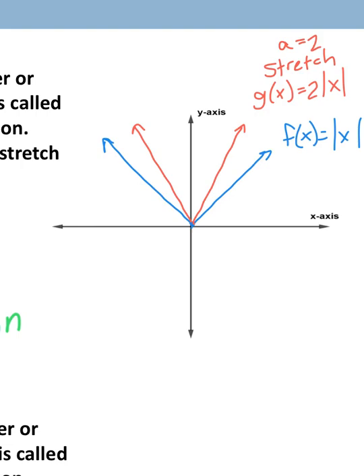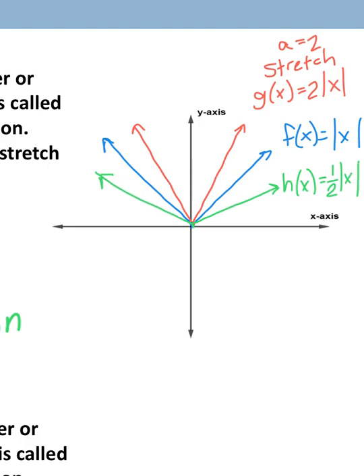Okay, now what does compression look like? If we compress, that means we're going to get closer to the horizontal axis, the x-axis. So I'm going to call this h of x, and I'll make some kind of stretch factor that's less than 1. I'll just pick a half.